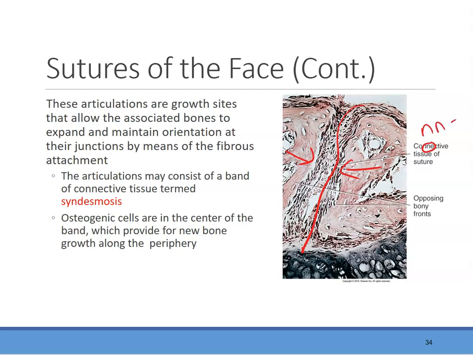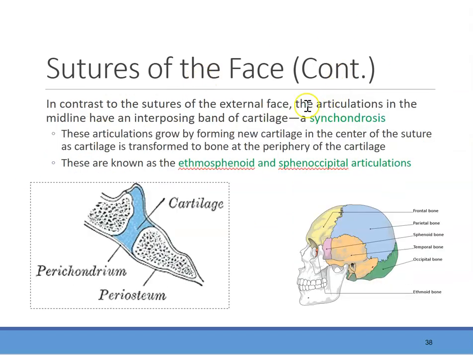If you join them, maybe you can make an M. So M for syndesmosis, which comes from the connective tissue. It's bone, connective tissue, bone. Synchondrosis is bone, cartilage, bone. So C and R for cartilage.